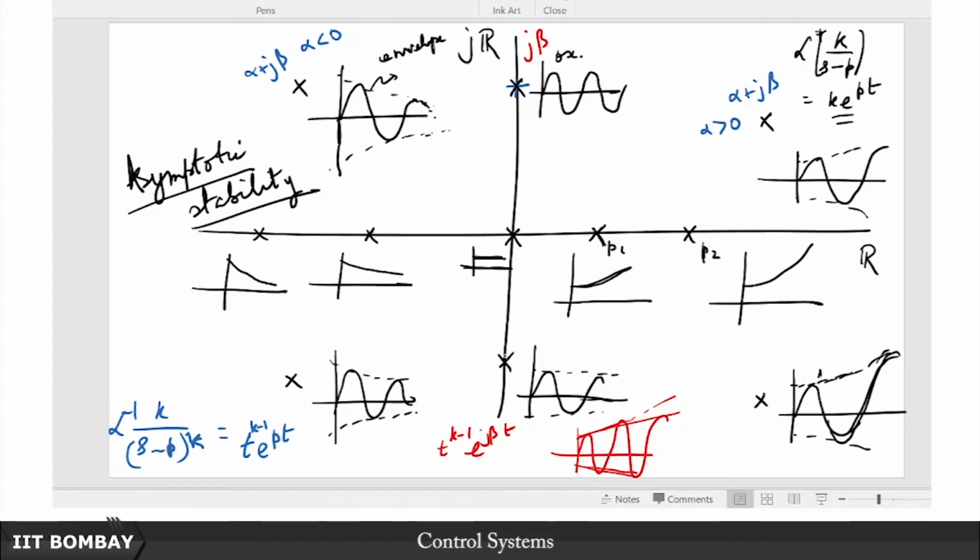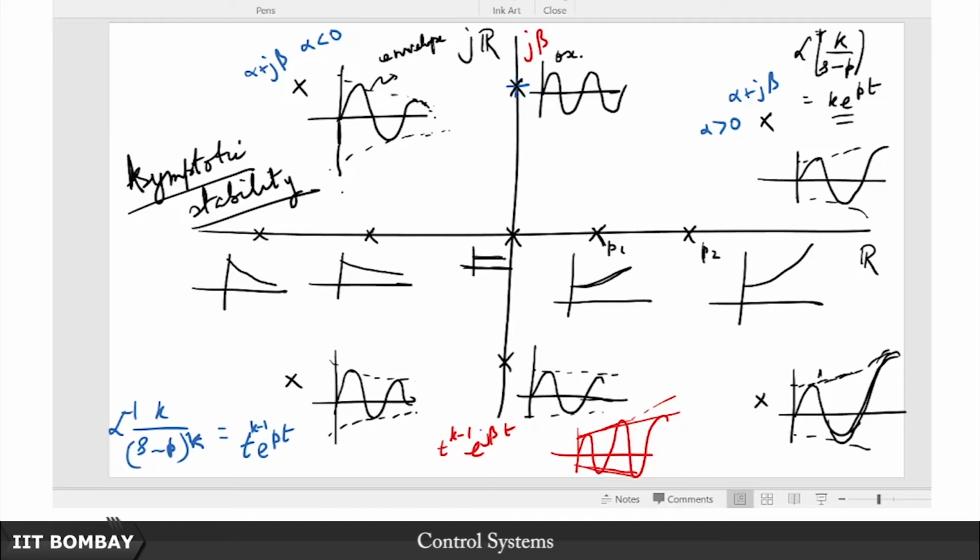For example, if you have poles on the imaginary axis, not at zero but at other points on the imaginary axis, then you have an oscillatory response. On the other hand, if you have a pole at zero, that is the origin, then the constant value of the initial condition is held throughout for all t greater than 0. Any pole in the strict left half plane, or the open left half plane, leads to a decay.